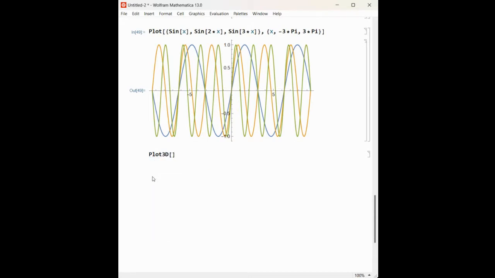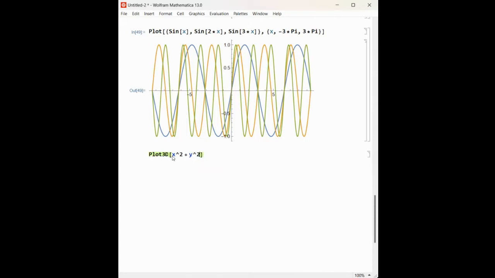Then suppose we have x squared plus y squared, for example.